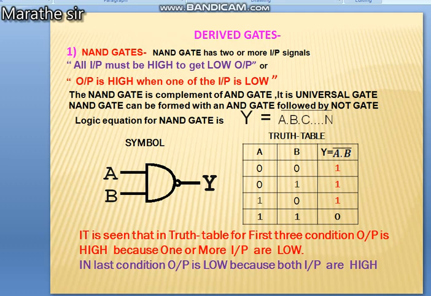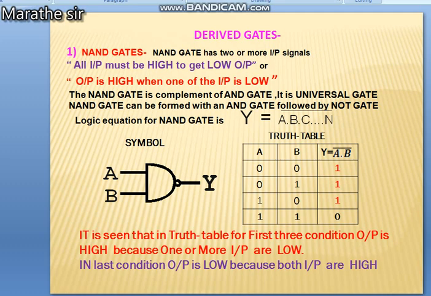It is seen in the truth table that for the first three conditions, when A is equal to 0 and B is equal to 0, when A is equal to 0 and B is equal to 1, and when A is equal to 1 and B is equal to 0, we are getting output Y is equal to 1. Why did this happen? For the first three conditions, one or more inputs are low, so we get the output high.